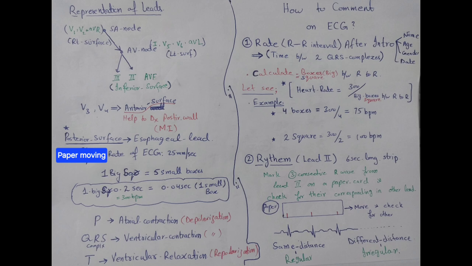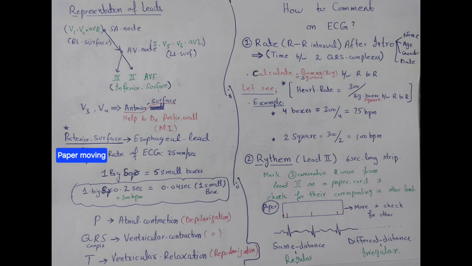So how many big boxes or big squares came from one R to the second R? You have to divide 300 by these big squares. There is a formula for the heart rate: heart rate is equal to 300 divided by the big squares between one R and the second R.